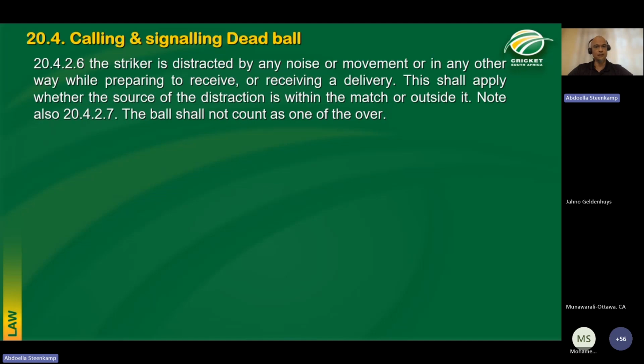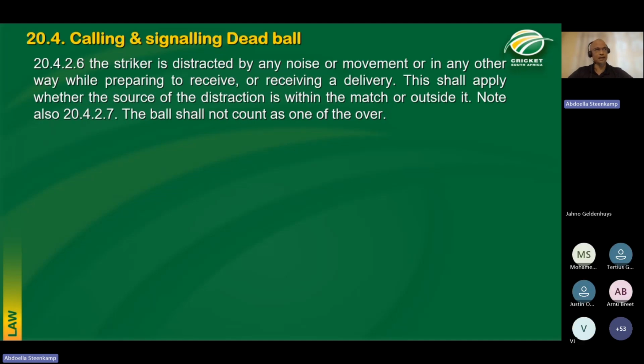Striker not ready, call and signal dead ball. The other day I had a low flying bird, just as the bowler was about to release the ball, the bird flew right past the striker. Striker was distracted. I intervened by calling and signaling dead ball.